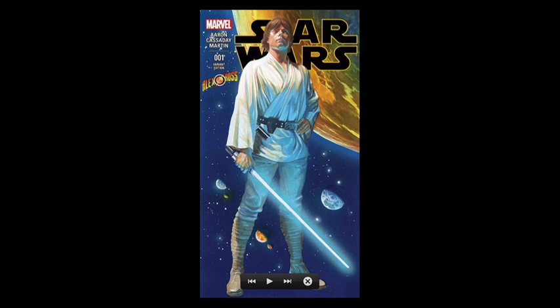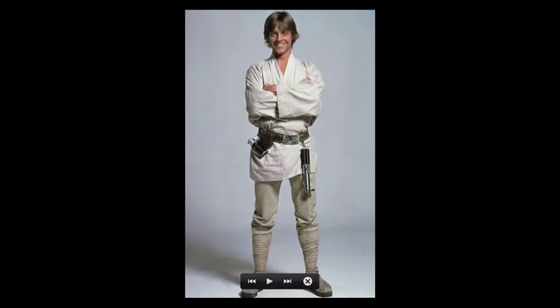If Alex Ross was to take it literally, the actor who plays him, Mark Hamill, looks more like that. Well, actually, that's what he looks like. And Mark Hamill is about 6.5 heads high. He's not a tall guy, but he is the hero of the story. Now, one could render him like that, but it might not be quite as exciting.